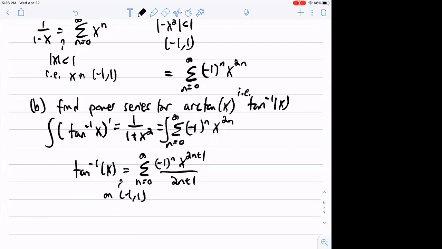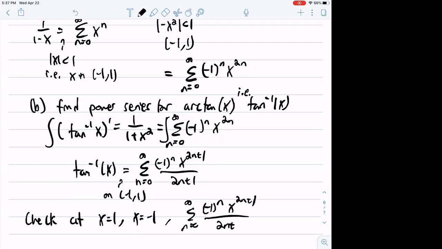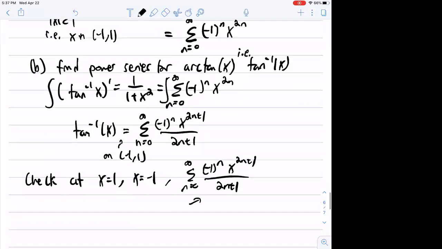You could check at x equals 1 and x equals negative 1 that this series converges. I'm not going to do this, but it's just the alternating series test. I don't think it's that hard.